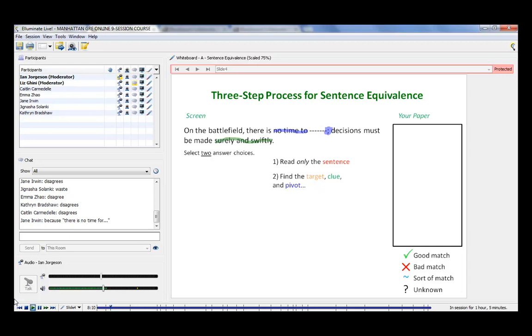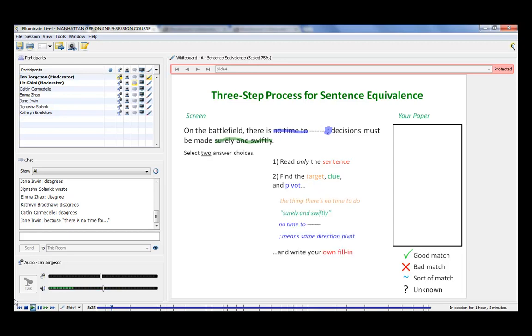So we've actually got 2 pivots in here. That semicolon tells me the second half of the sentence agrees with the first half of the sentence. So there's agreement between the first portion of the sentence and the second portion of the sentence. But that doesn't mean there's agreement between the second portion of the sentence and the actual word. Not when we put in a phrase like, there is no time to, right?